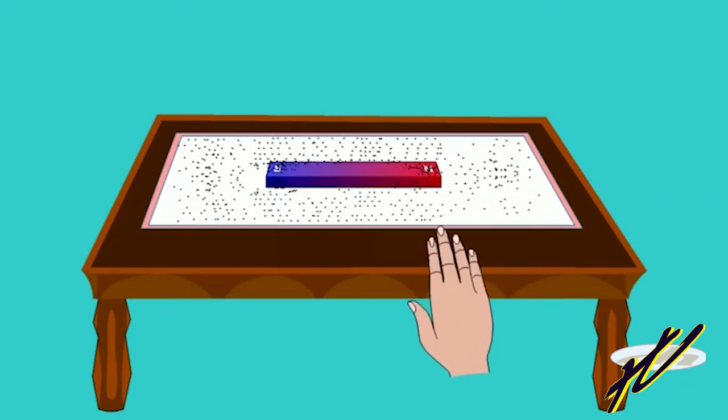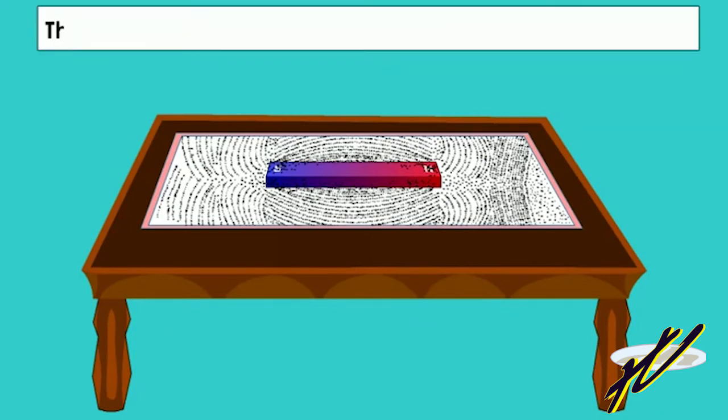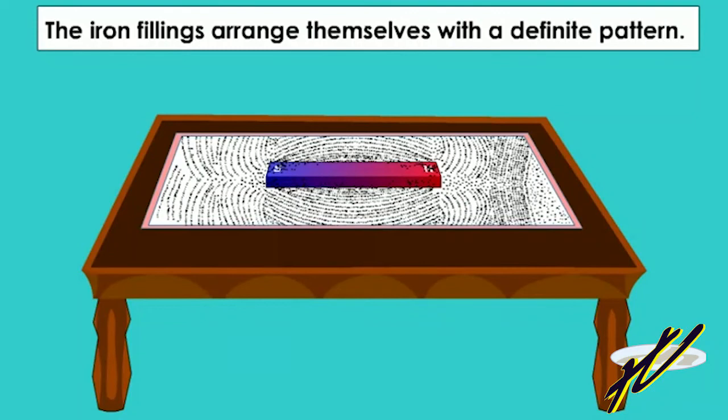Tap the surface of the sheet gently. What do you see? You see that the iron filings arrange themselves in a definite pattern, isn't it? Why do you think this happens? Can you explain?